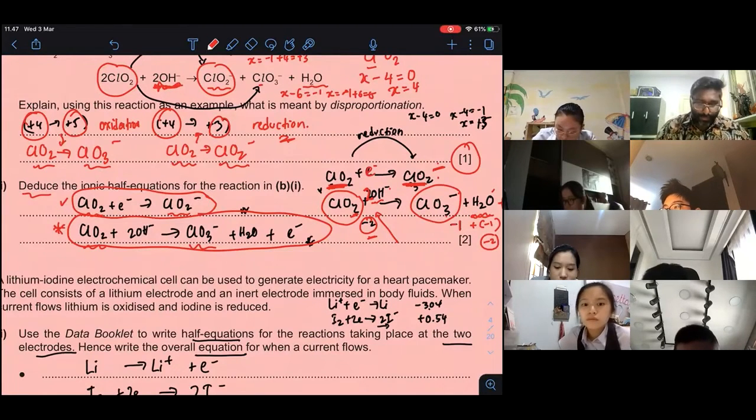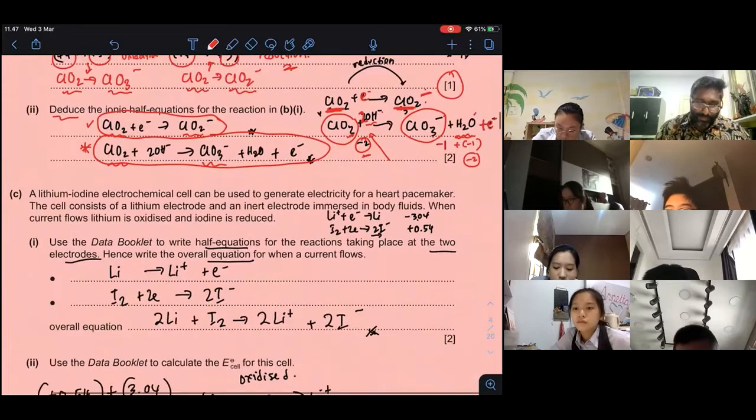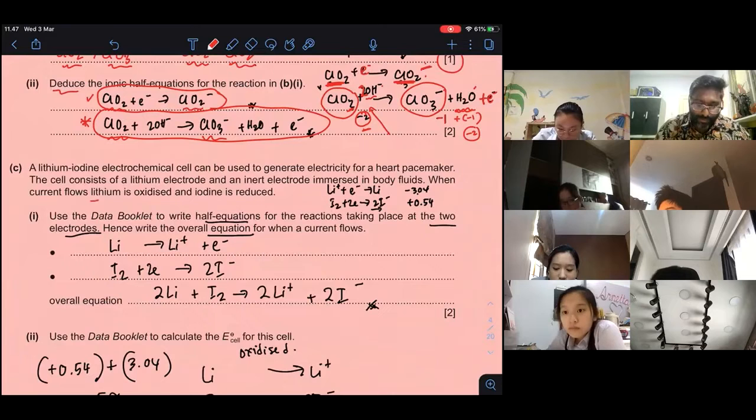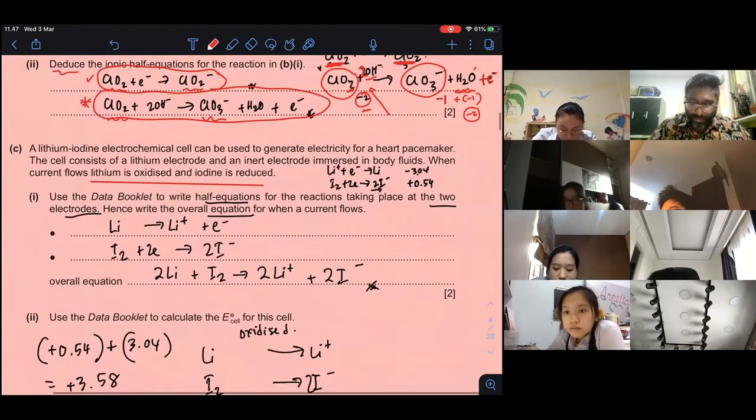Now, next is a lithium iodide electrochemical cell that can be used to generate electricity. They have a lithium electrode and an inert electrode immersed in body fluids. When the current flows, lithium is oxidized and iodine is reduced. Use the data booklet to write the half equation for the reaction taking place at the two electrodes.